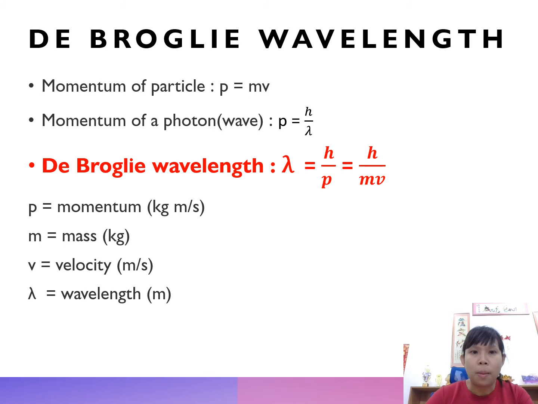When he combined both momenta together, he got a new formula we name as the de Broglie wavelength: λ = h/p, or λ = h/mv.